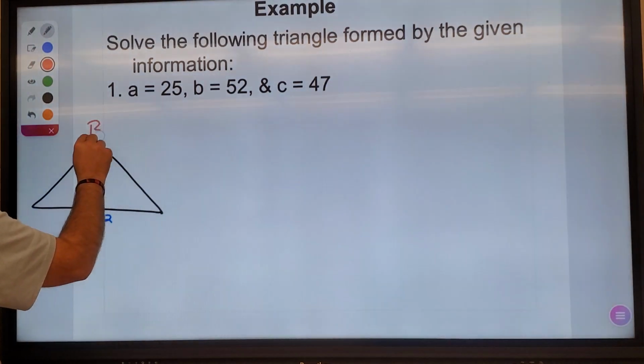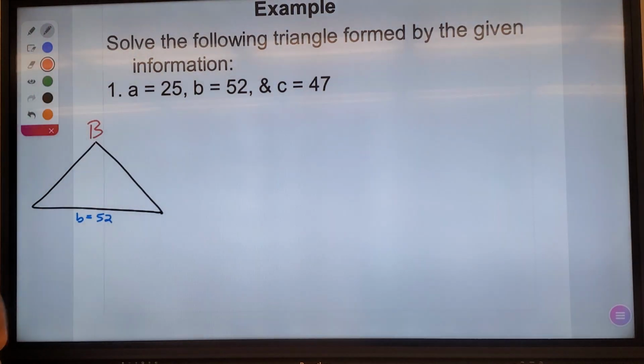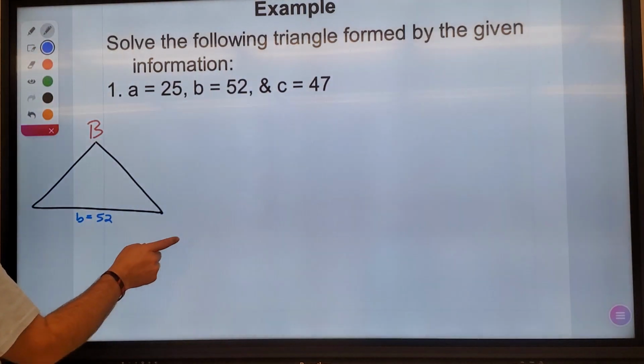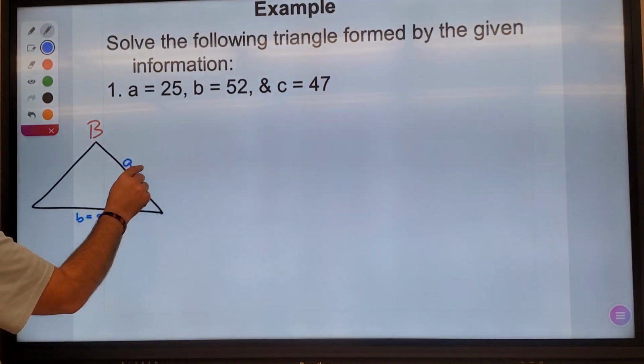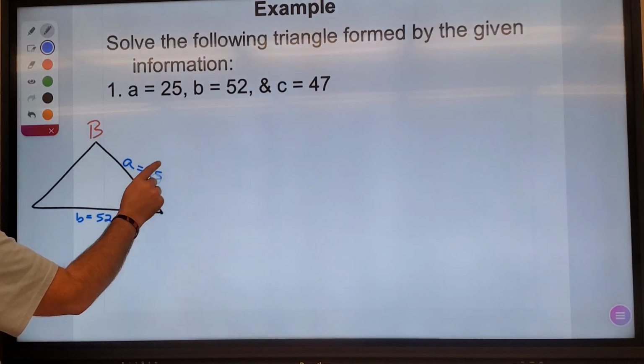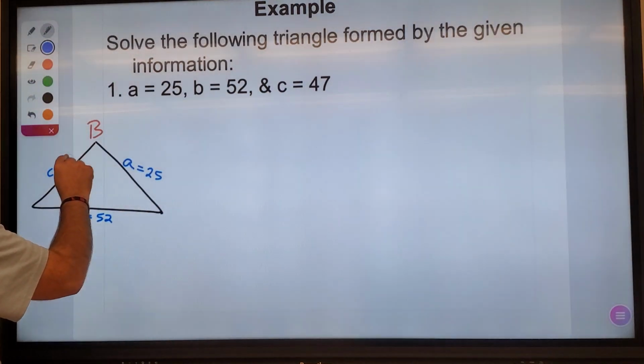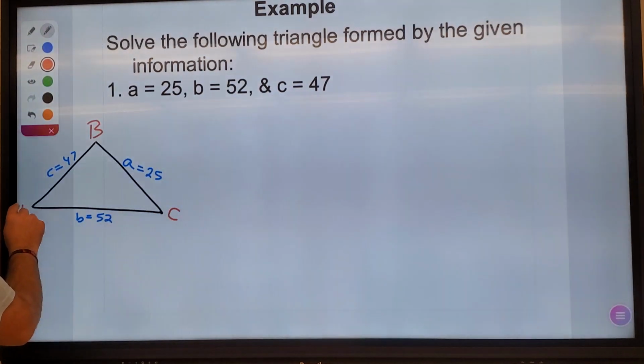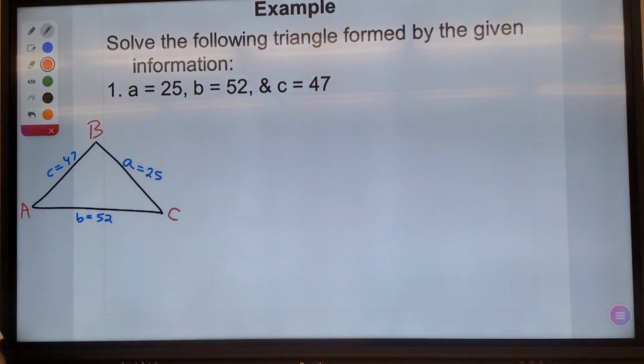We'll call this B in red because I don't have it yet. We'll put side A over here, and we'll put side C over here, which would make this angle C, and this angle A. Again here, I can use any one of those three equations that I so choose.